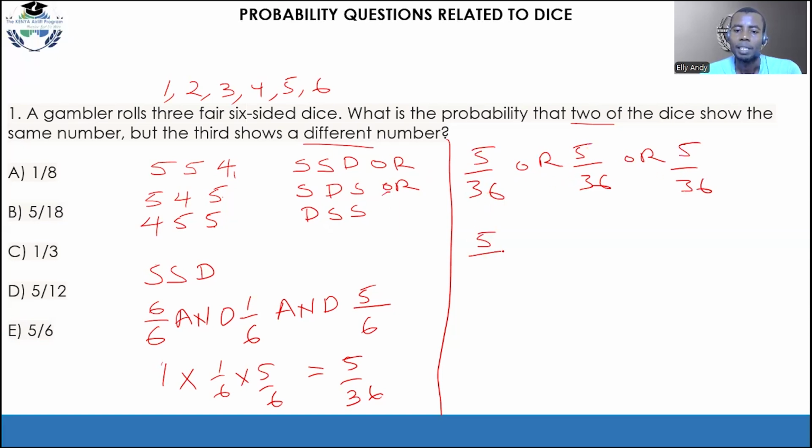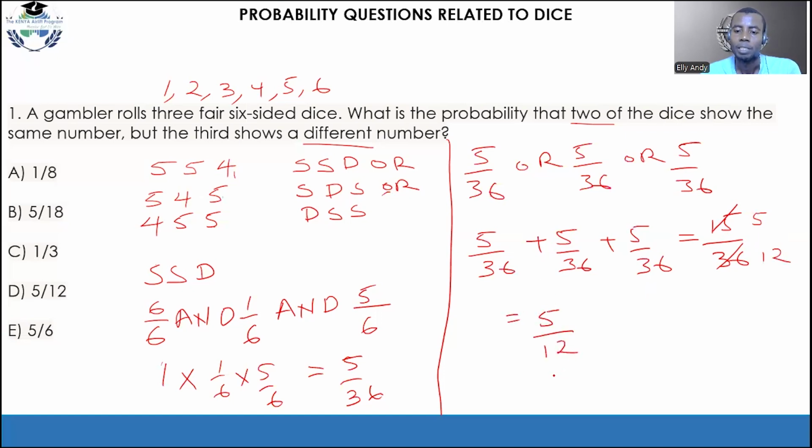So we should be having here 5 out of 36 plus 5 out of 36 plus 5 out of 36. That gives us 15 out of 36. Now we can reduce this to its lowest form by dividing each term by 3 to get 5 and 12. So our answer is 5 out of 12. That is B.